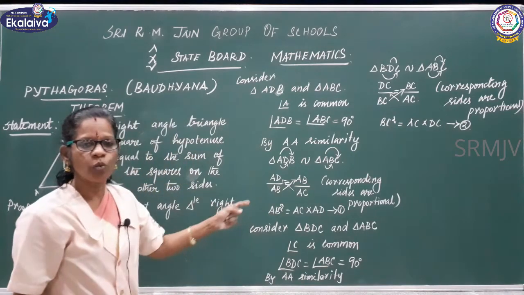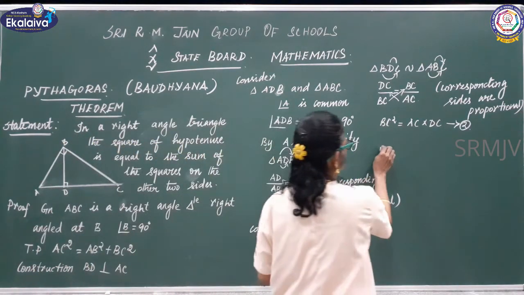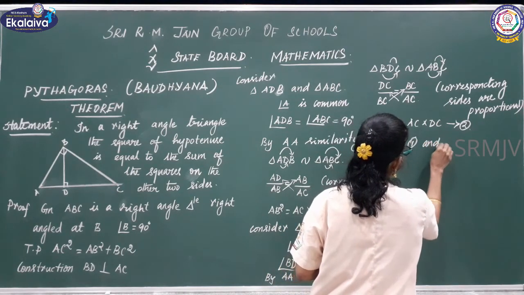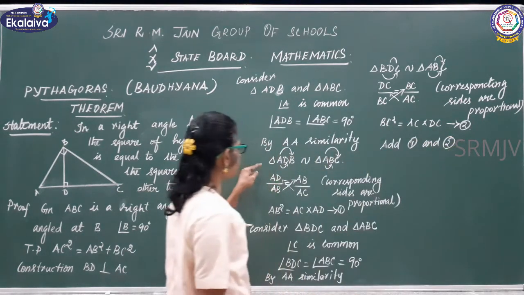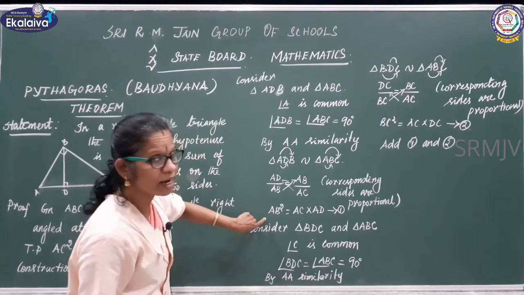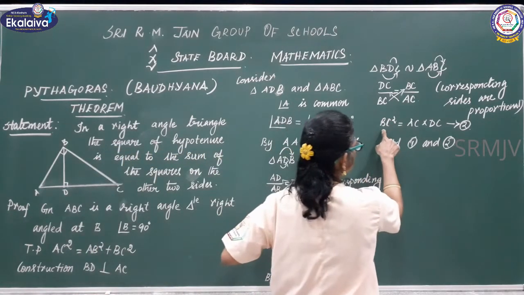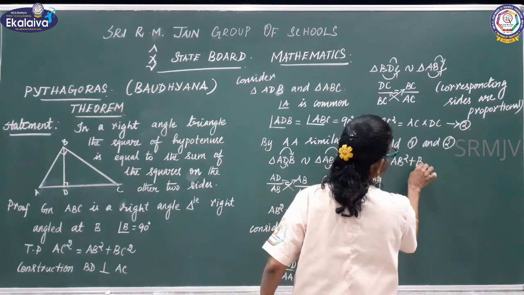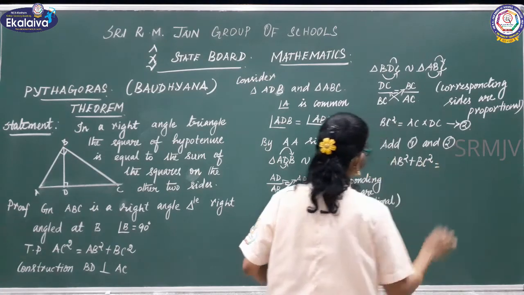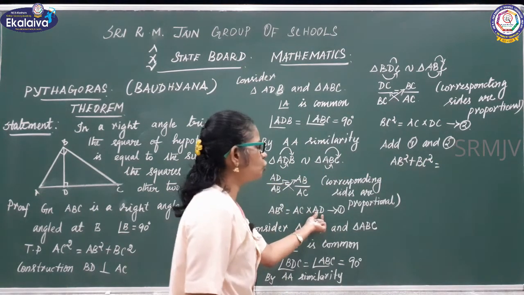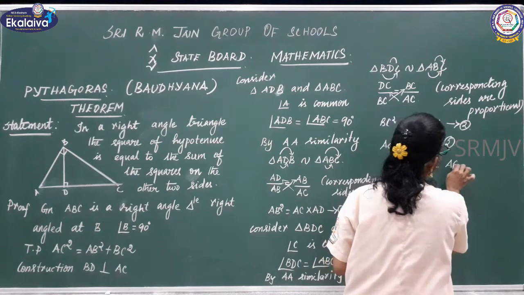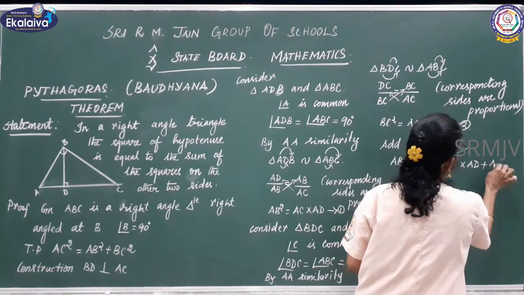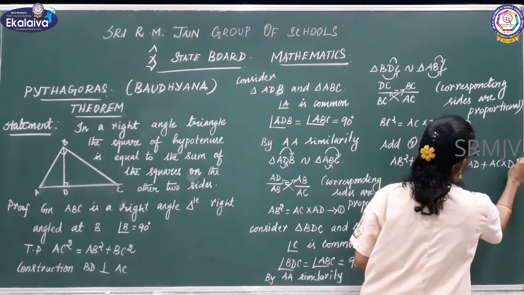Now you add 1 and 2. The left hand side, what we had in equation number 1, AB square, here also BC square. AB square plus BC square equal to AC into AD plus AC into DC.